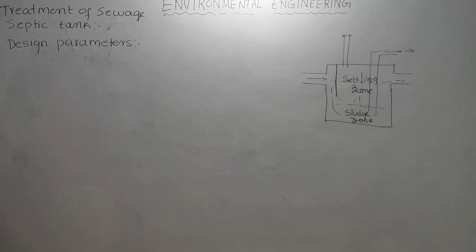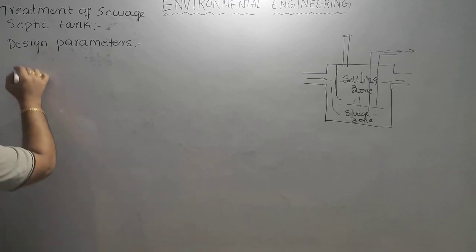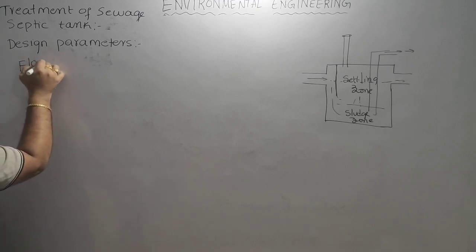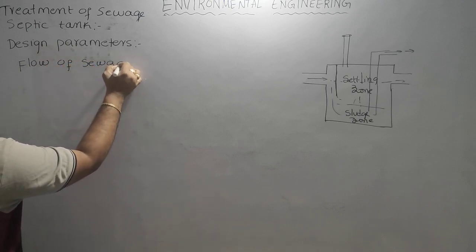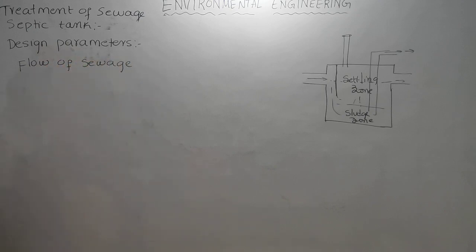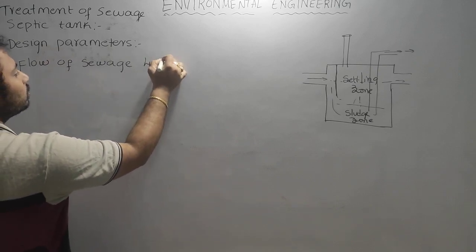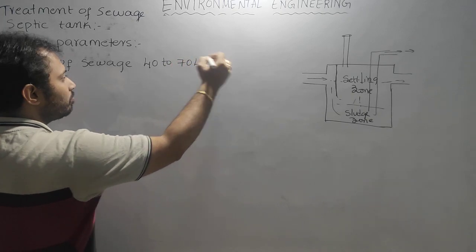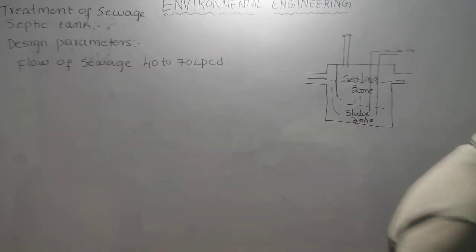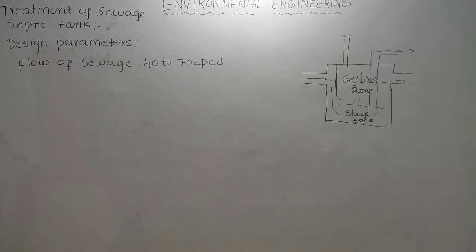The flow of sewage will be around 40 to 70 LPCD. This is the flow of sewage into the septic tank.